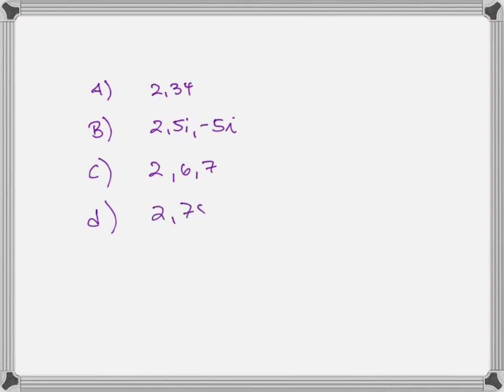If you're being asked to find all zeros, and your answer for A is 2, 3, 4, your answer for B is 2, 5i, negative 5i, your answer for C is 2, 6 and 7, and your answer for D is 2, 7 and 8, don't start with 1. 1 is not a choice here. You see what I'm saying? Multiple choice test. You have the answers in front of you.